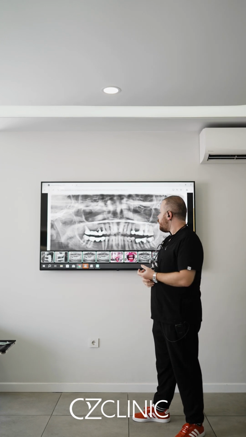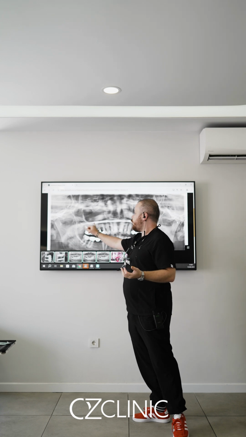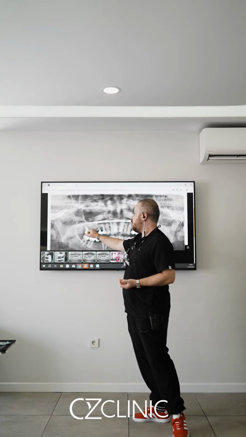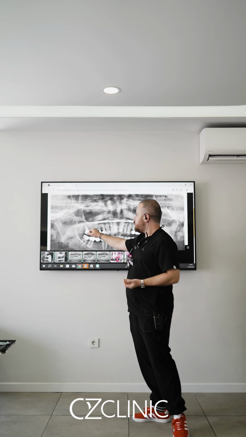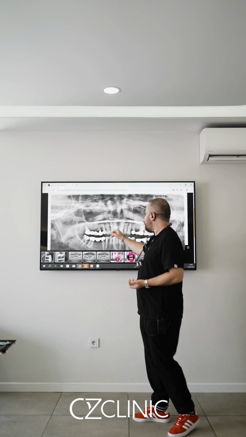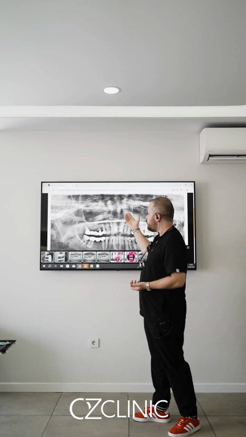This is another beautiful example of our patients. When she came to us, she had a real problem with the back teeth. There was nothing at all, like 1 millimeter of bone thickness here, it's all sinus, it's all empty, but we cannot take these teeth out because they are healthy, so we have to put the implants in this area.